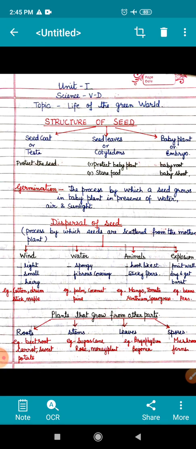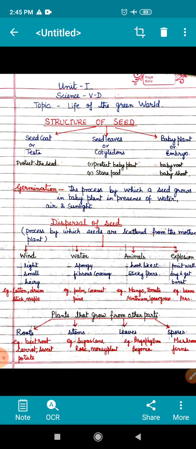Children, human beings and animals eat a large number of fleshy fruits like mango, orange and guava. After eating the edible parts, they throw away the seeds here and there. Sometimes they eat the whole fruit including seeds.